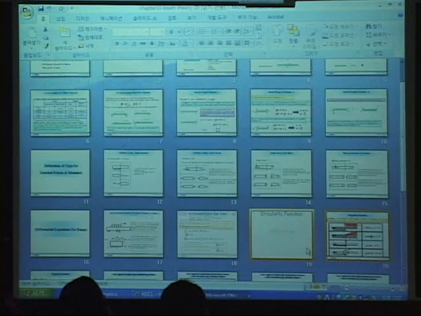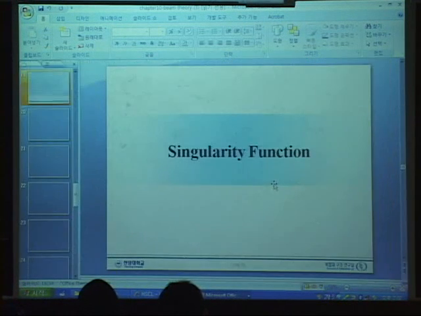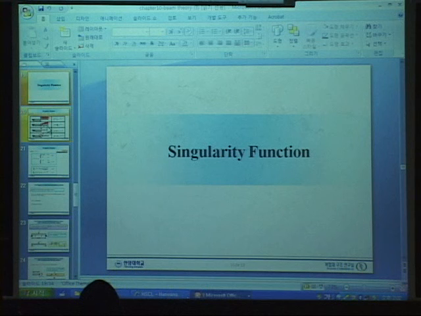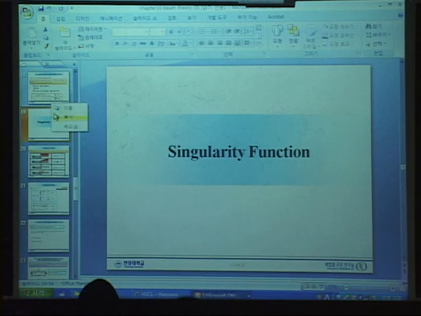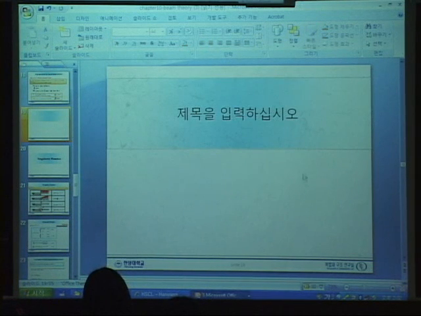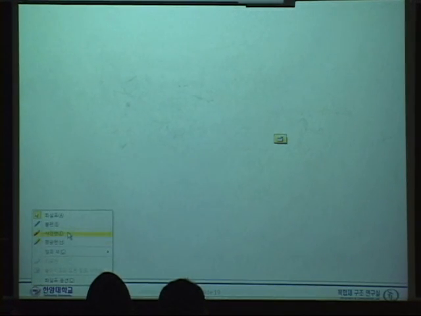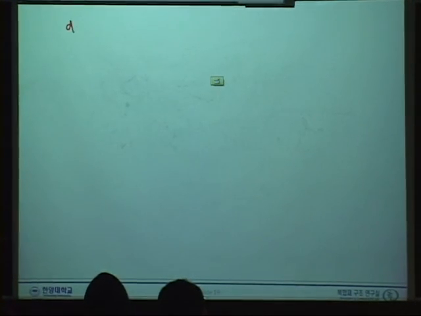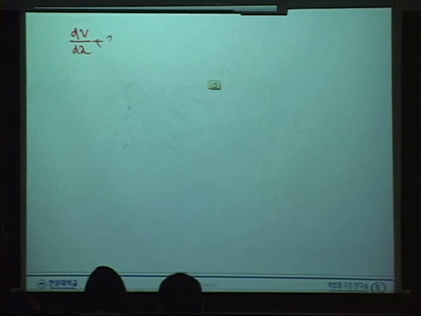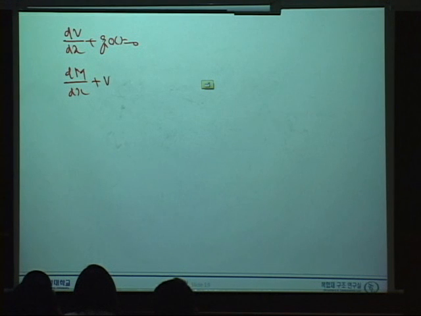Well, I will come back to this singularity later. Let's just review the equilibrium equations we just covered: dV/dx plus q(x) equals 0, and dM/dx plus V(x) equals 0.